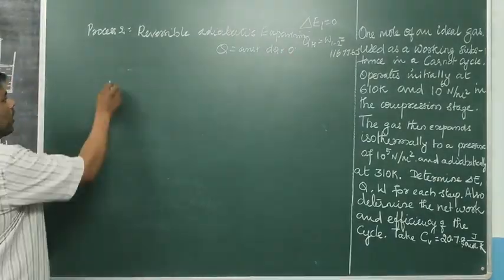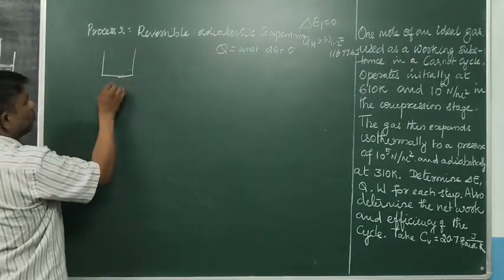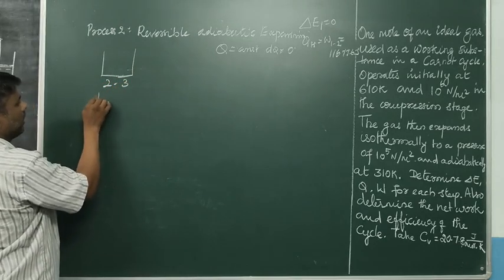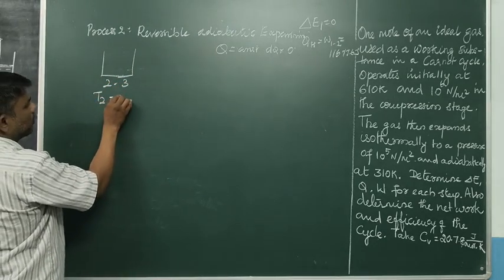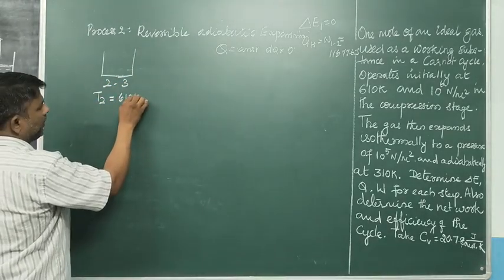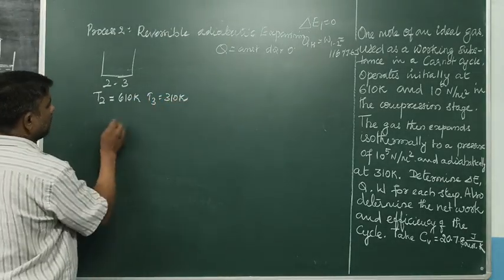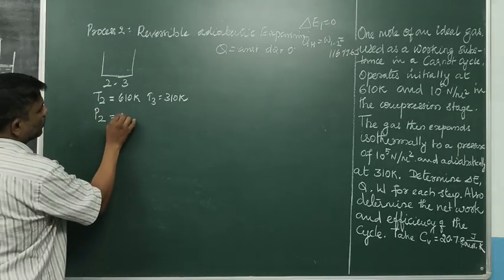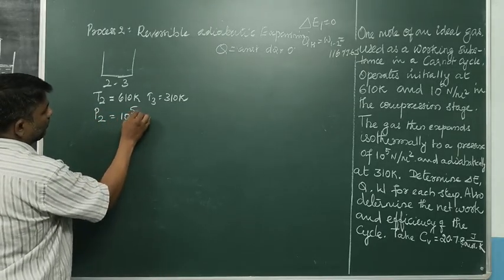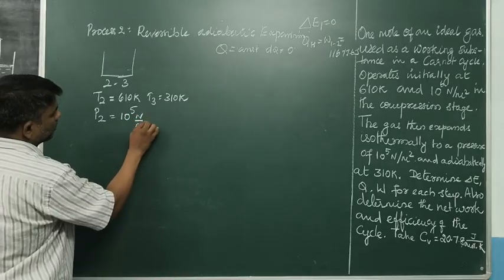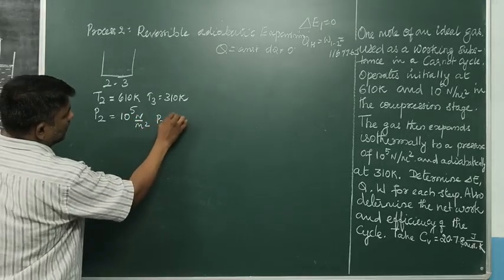Clear? This is the process 2 to 3. T2 is equal to 610 degree Kelvin and T3 is equal to 310 degree Kelvin. P2 is equal to 10 to the power of 5 Newton per meter square and P3 is unknown.